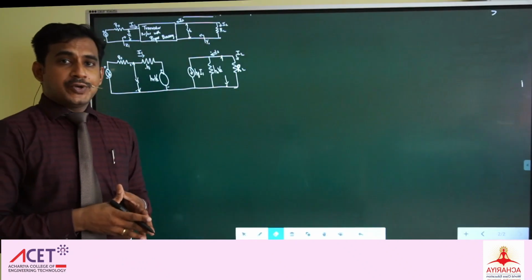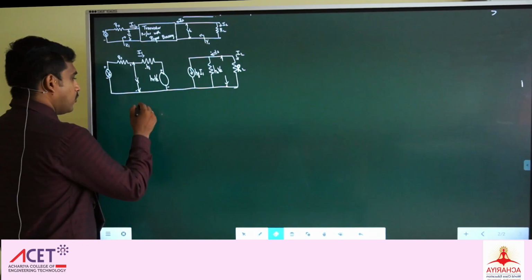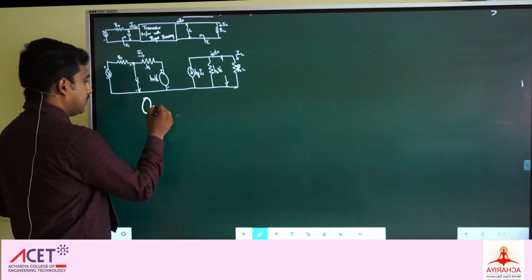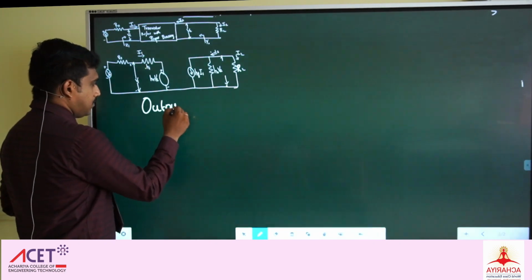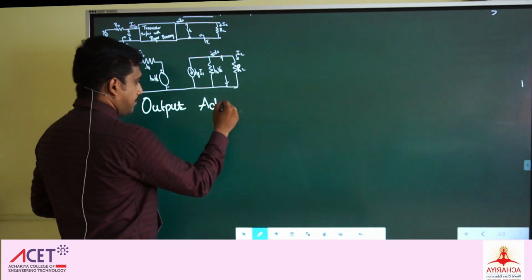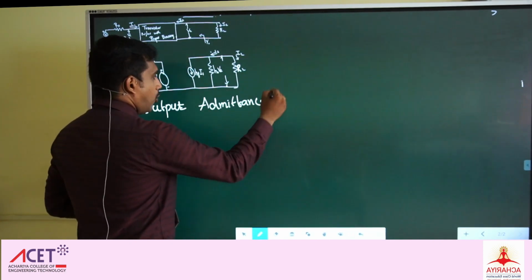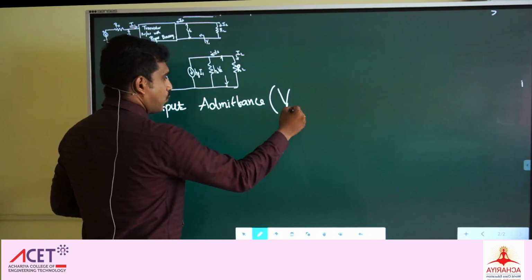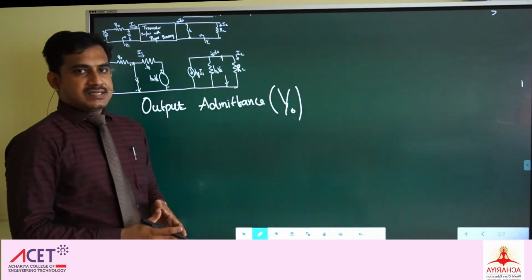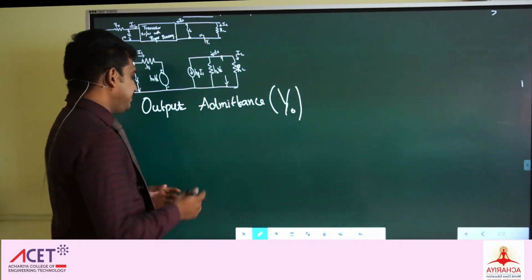Okay, last we are going to find the output admittance of this transistorized amplifier. Output admittance is represented as Y0. Input impedance is represented as Zi and admittance is represented as Y naught.